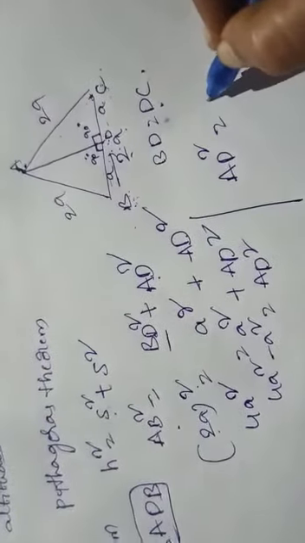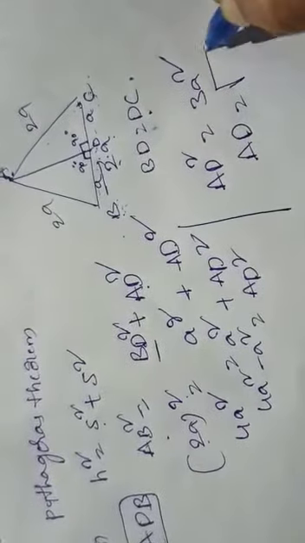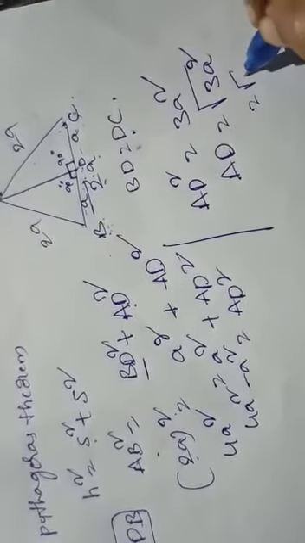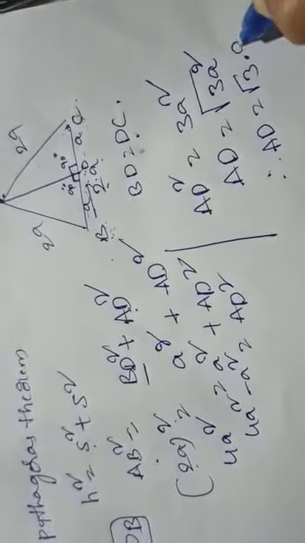AD square equals 3A square. AD equals root of 3A square. Therefore, AD equals root 3 into A.